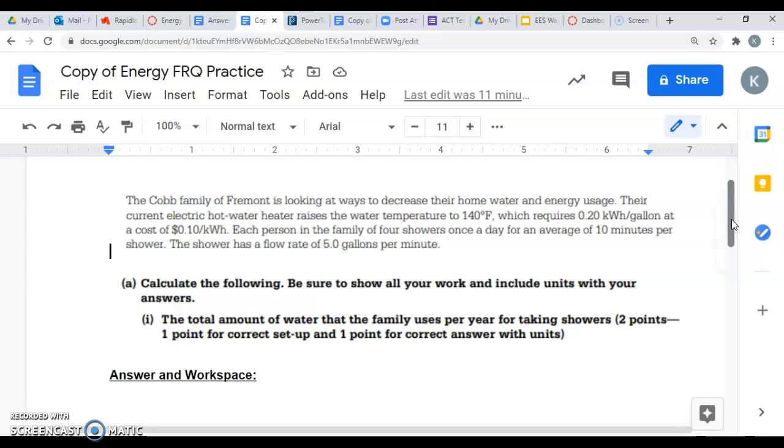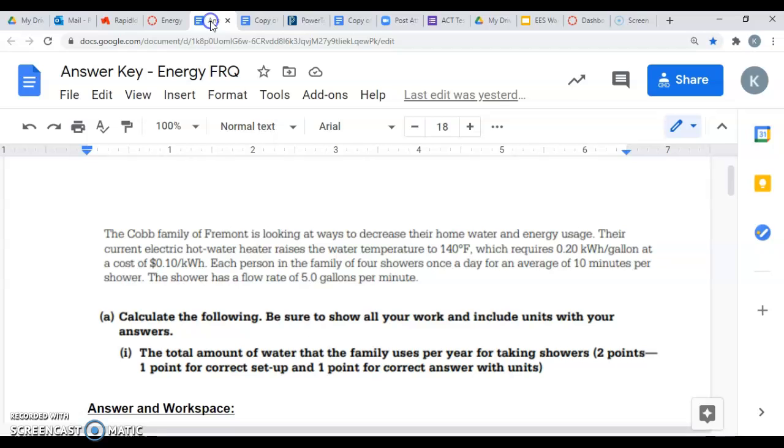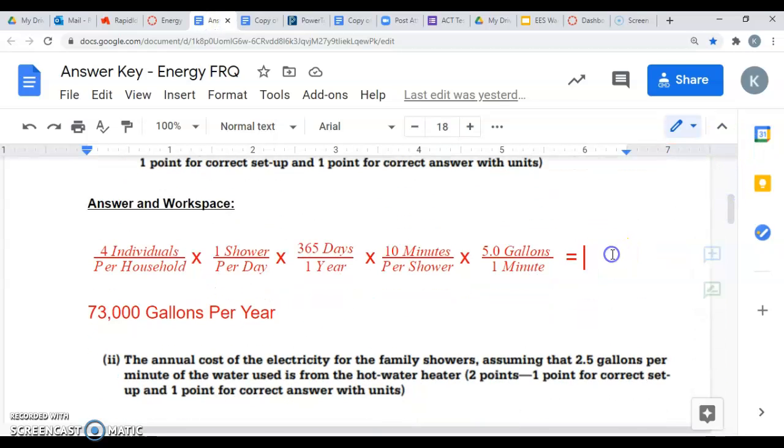The information gives us how many people are in the household, how many showers they take a day, how long they're in the shower, and how many gallons of water they're using. So really we just need to multiply across. I've set it up for you like we would a dimensional analysis, but you don't have to put them in fraction form if you can recognize what you're multiplying across.